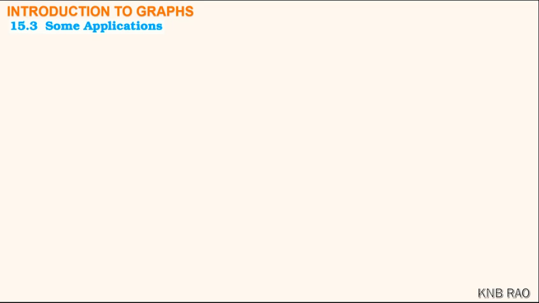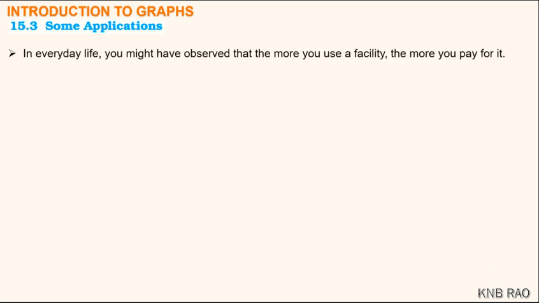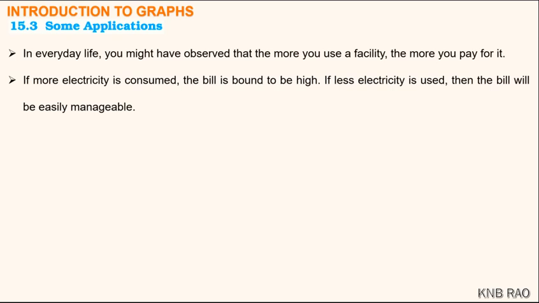Coming to the application of linear graphs, in everyday life you might have observed that the more you use a facility, the more you have to pay for it. For example, the more electricity that you consume, the bill is bound to be high.